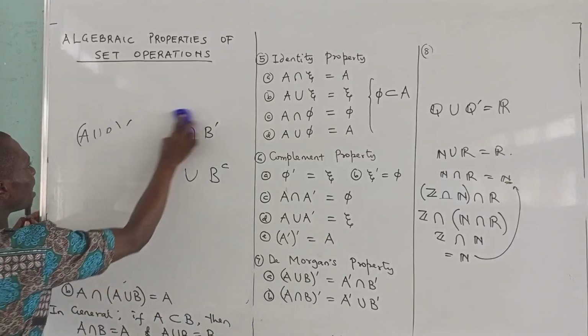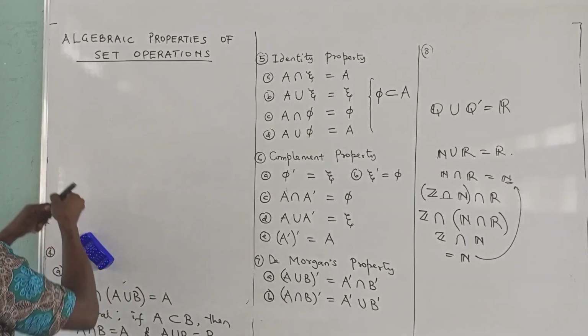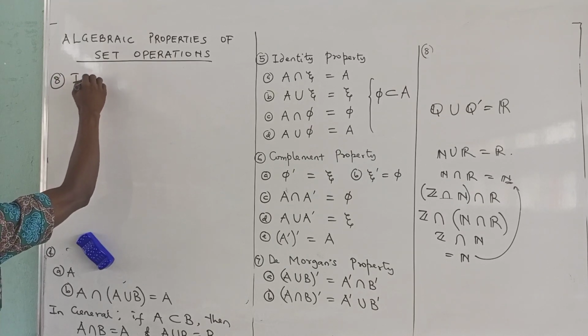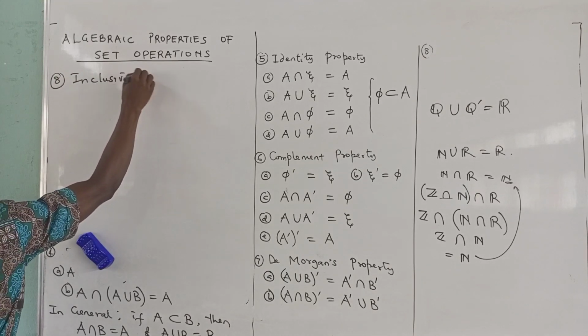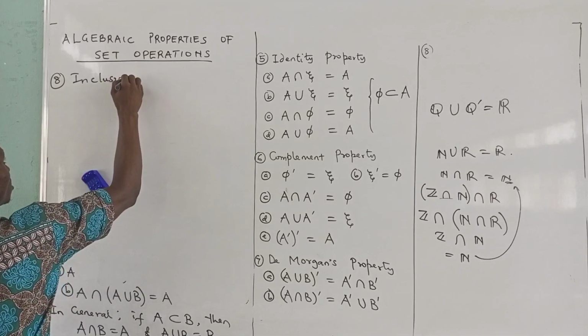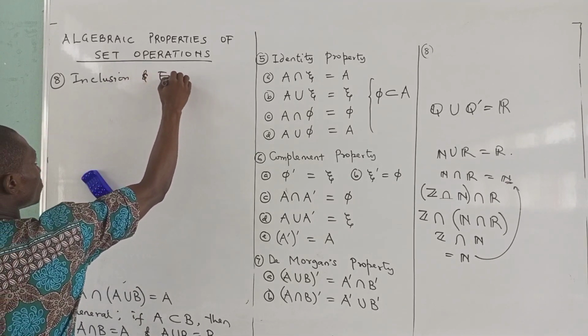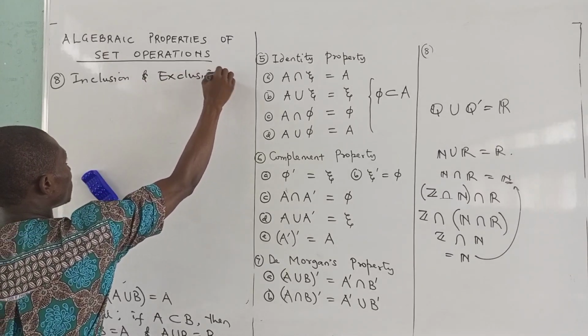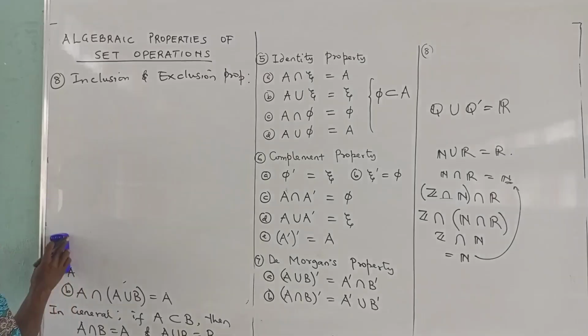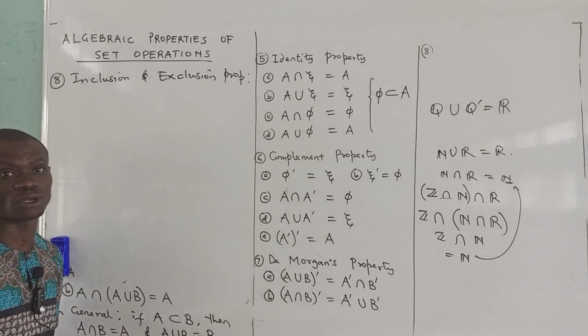And then the last one we are going to look at here is what we call the inclusion and exclusion property. A very important property that we are going to talk about here. And what is this saying? It's talking about the cardinality of the union of two sets.